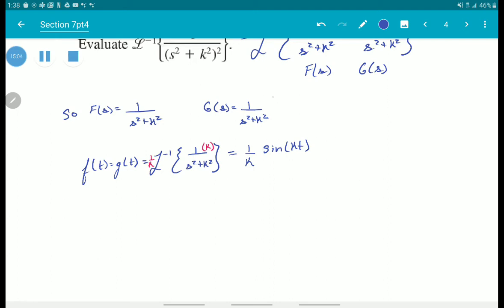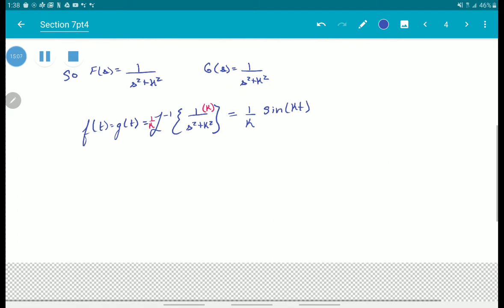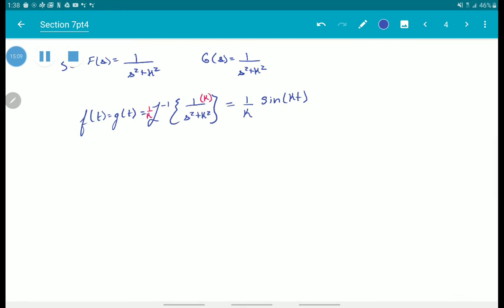We would do the same thing, taking the inverse Laplace of that. So here's what we have. We want to take the inverse Laplace of f of s, g of s. We know that's defined to be a convolution. So we have our f function convoluted with the g function.